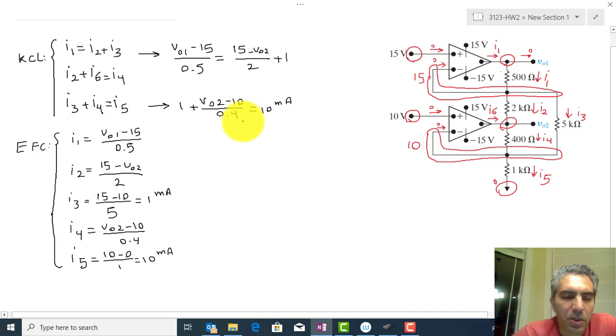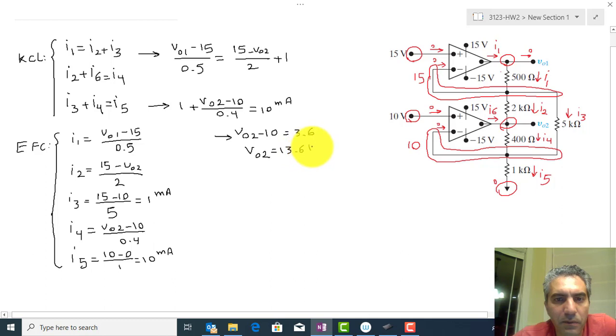So now from this equation I can immediately calculate Vout2. Vout2 minus 10 is equal to 9 times 0.4, that's 3.6. In other words, Vout2 is equal to 13.6 volts.